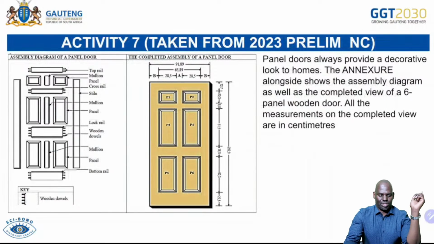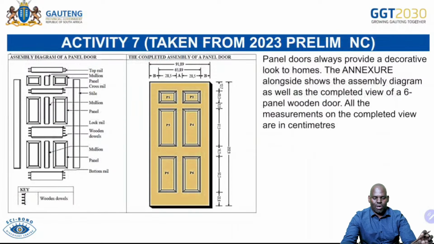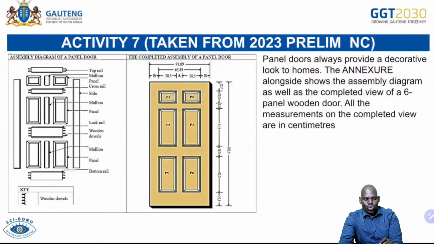Okay, so activity 7, it's taken from Prelim Northern Cape 2023. Panel doors always provide a decorative look to homes. The annexure alongside shows the assembly diagram as well as the completed view of a 6-panel wooden door.